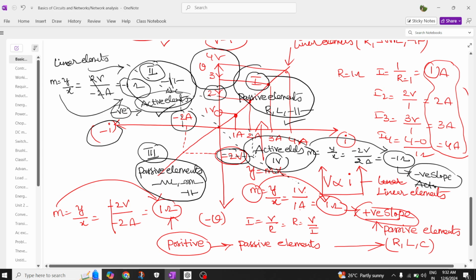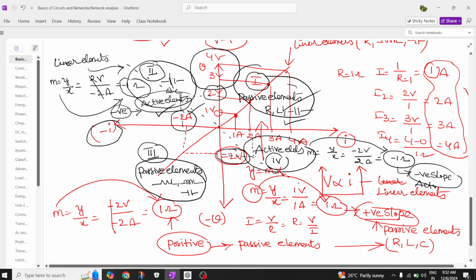In the competitive exam, they will show you a graph and draw a line and ask. If they draw a graph from the second quadrant to the fourth quadrant, then you can say these elements are active elements. If they draw a line in the first quadrant and third quadrant, then those elements are passive elements.